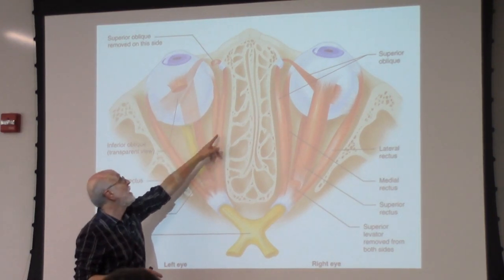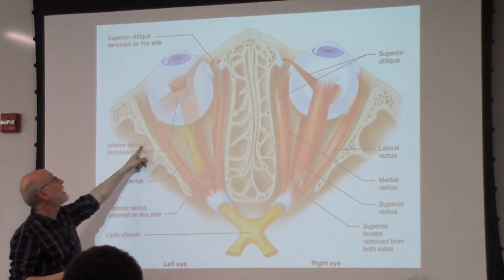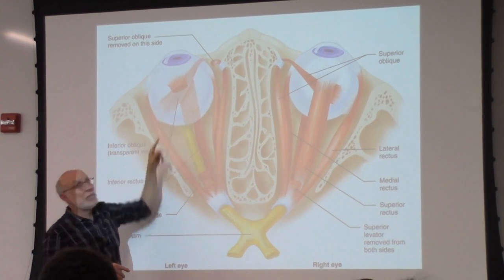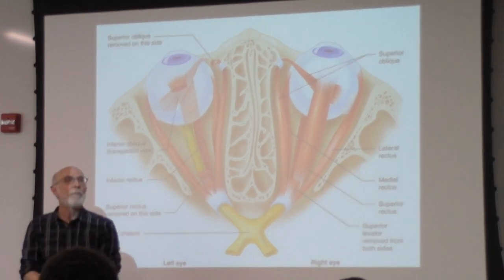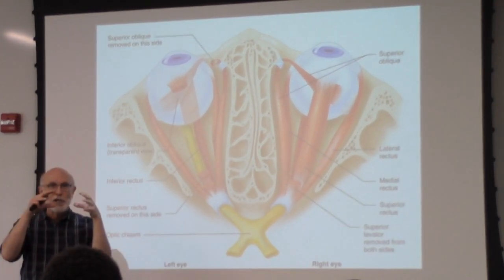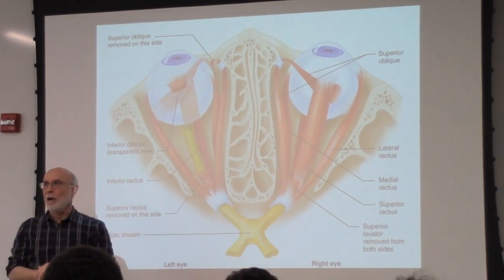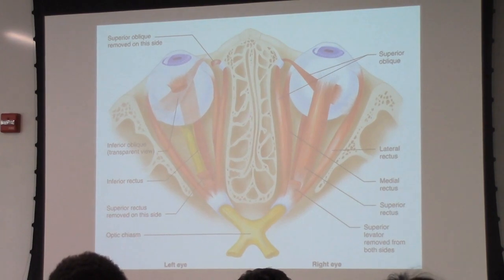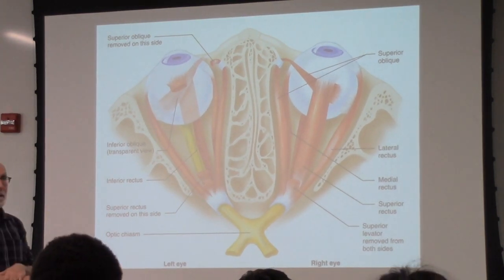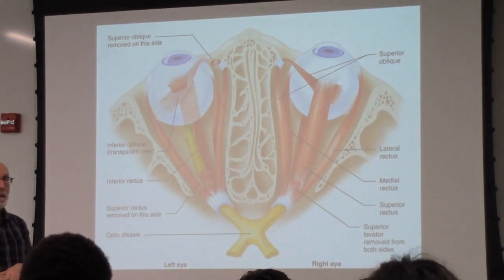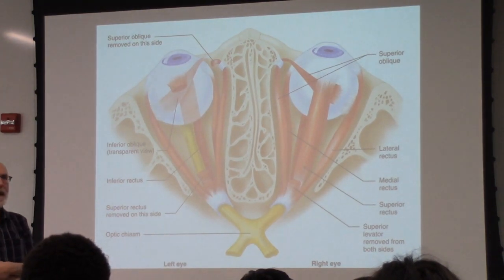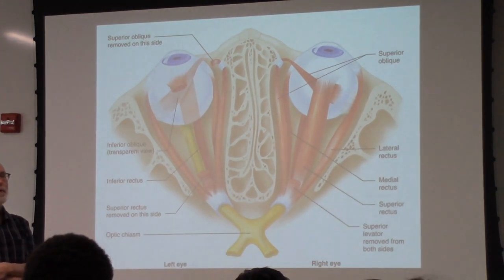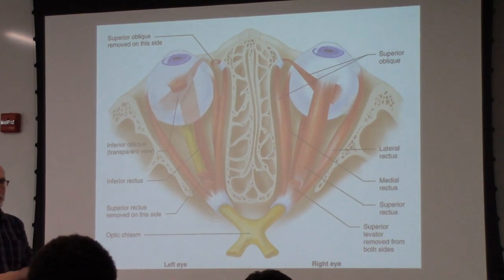The superior oblique and the inferior oblique do complicated things related to intorsion and rotation of the eyeballs. It's usually the inferior oblique that is responsible for the downward movement of the eyeball, correct? The inferior rectus and the inferior oblique are both important for depressed downward movement.